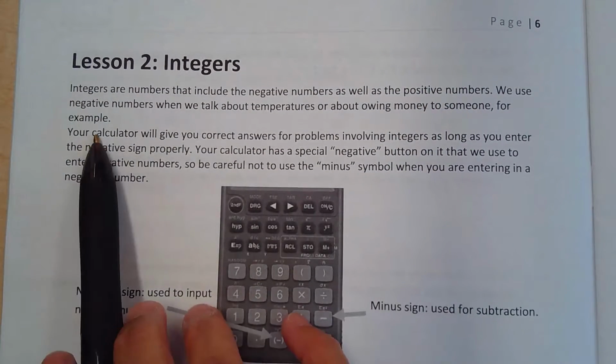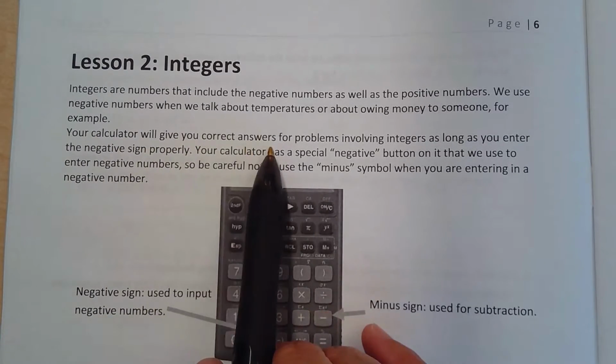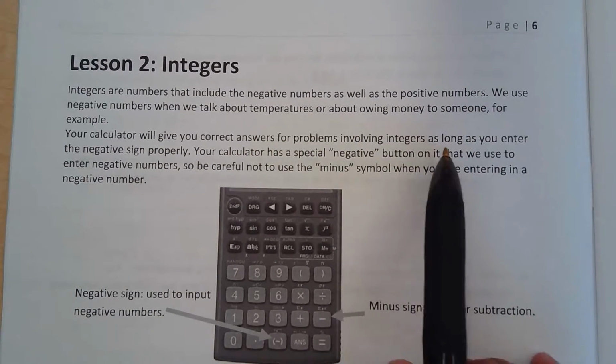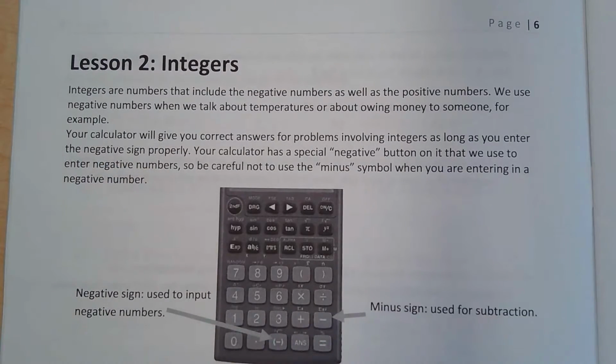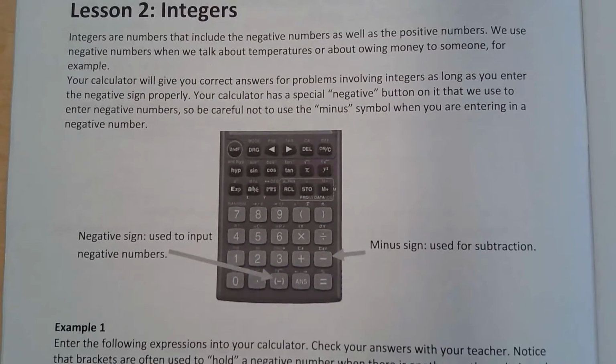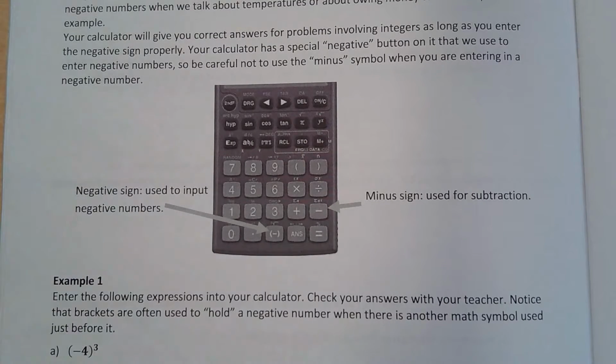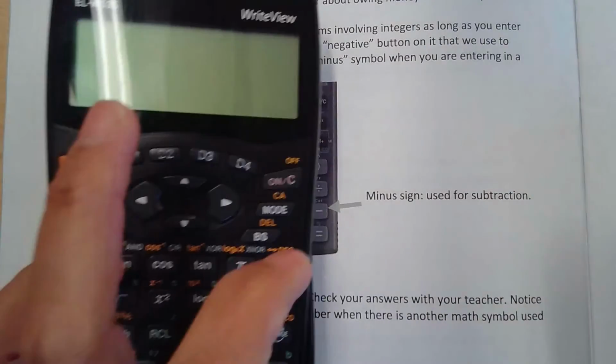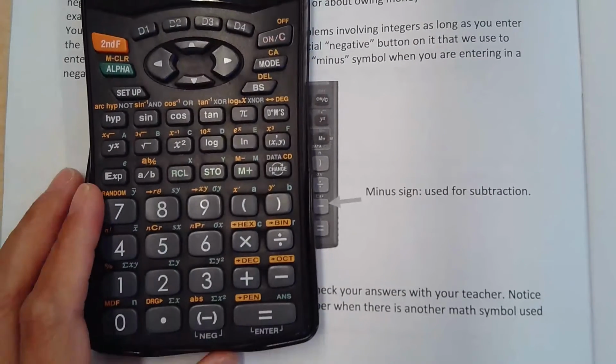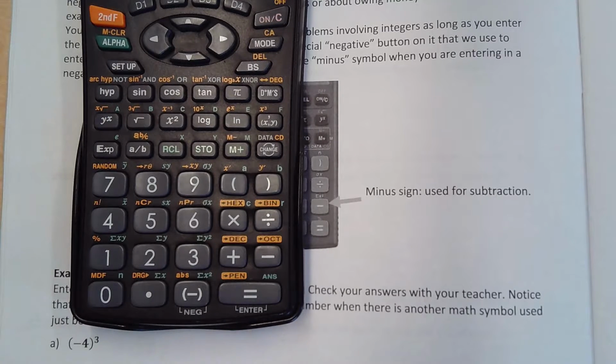For example, your calculator will give you the correct answer for problems involving integers as long as you enter the negative sign properly. Now, look at your calculator for a second. Everybody has different calculators, and I understand that. But I want us to first identify which button is negative and which button is positive.